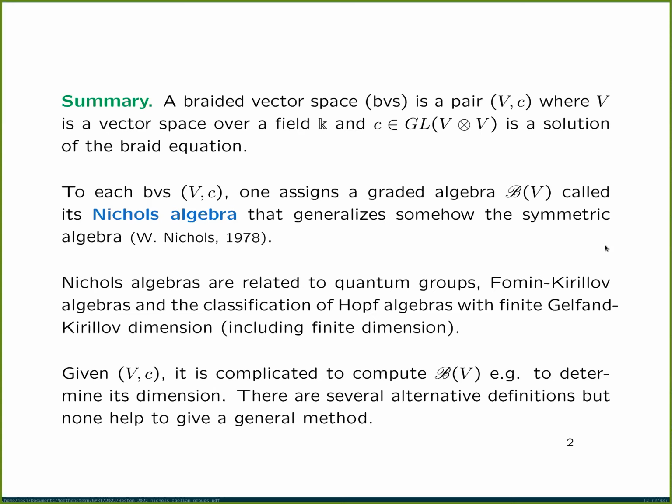This I will not explain, these relations. And the problem is that when you are given a braided vector space, to actually compute the Nichols algebra and to decide whether this Nichols algebra is finite dimensional or has finite GK dimension or whatever property you want, usually is very difficult.